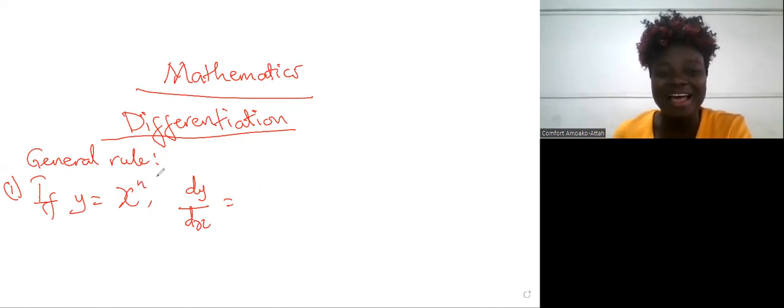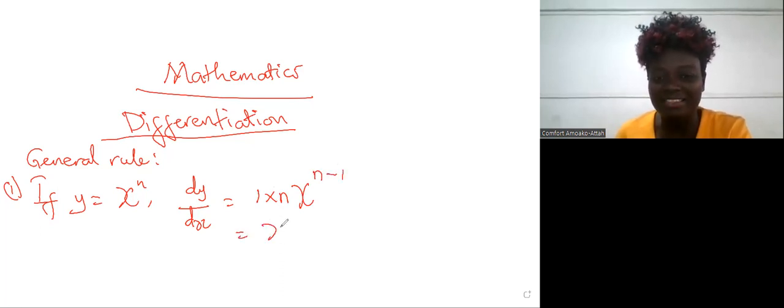So you multiply the exponent, or your power, by the coefficient of x, which is 1. So this would be 1 times n x exponent n minus 1. That is the first one.